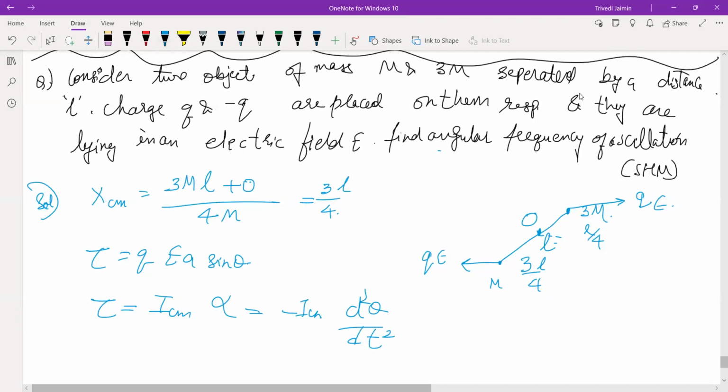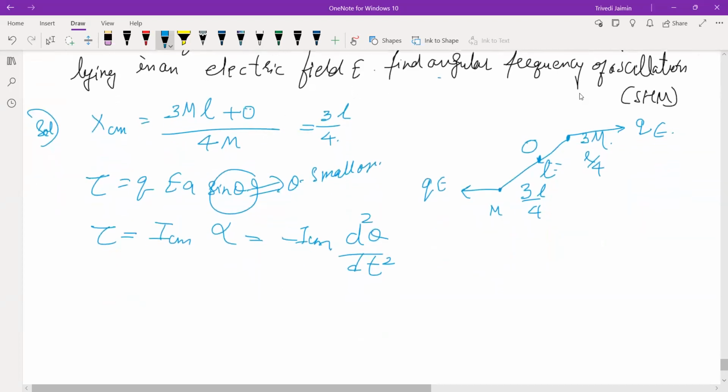For small oscillation, we take sine theta equals theta only.